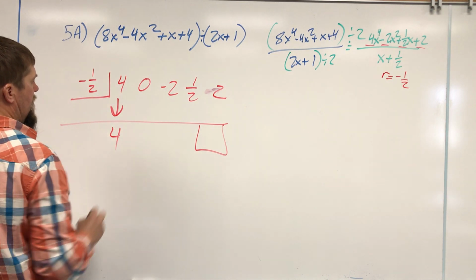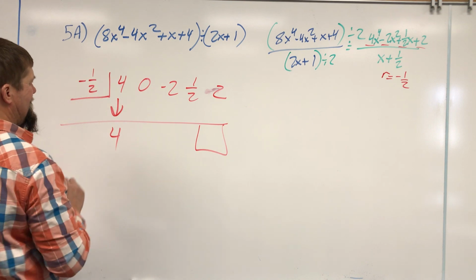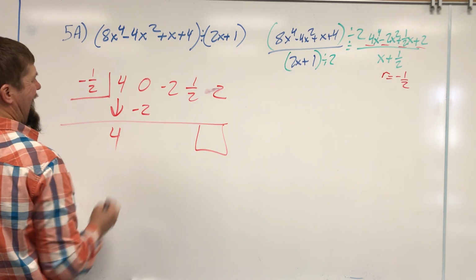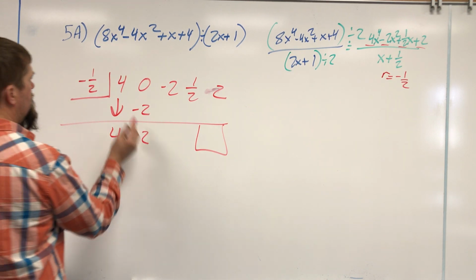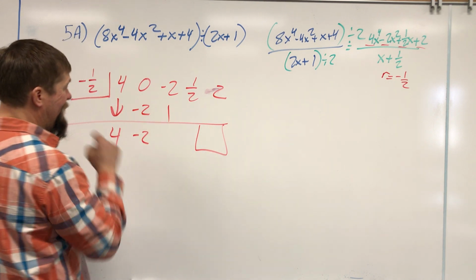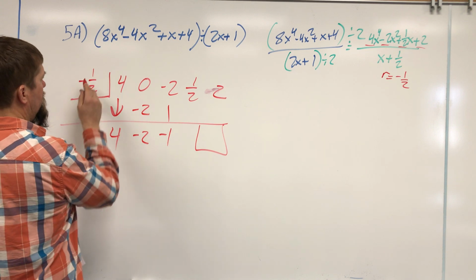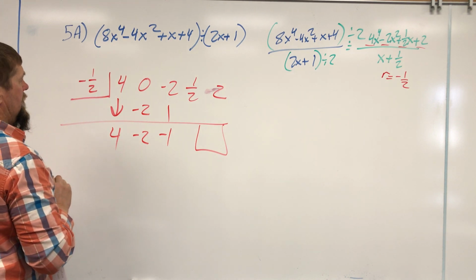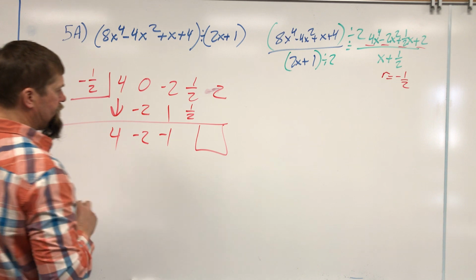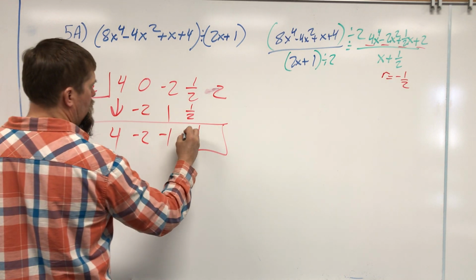I drop my 4, multiply, I get negative 2. I add, I get negative 2. Multiply, I get positive 1. Add, I get negative 1. Multiply, I get positive 1/2. That's 1.